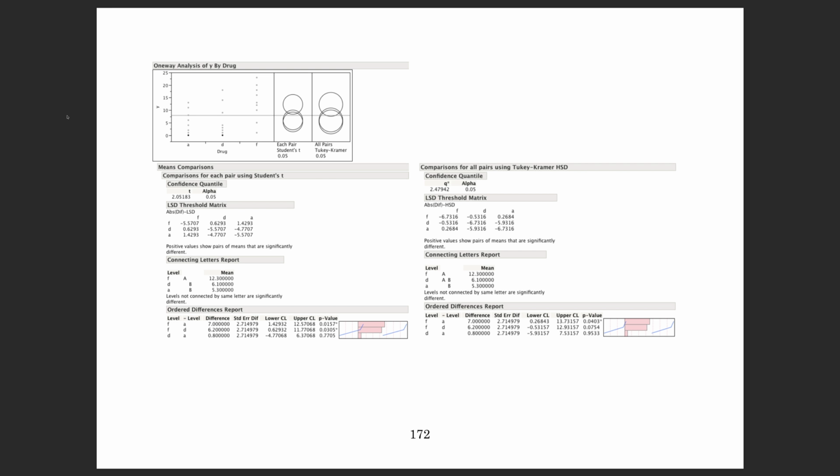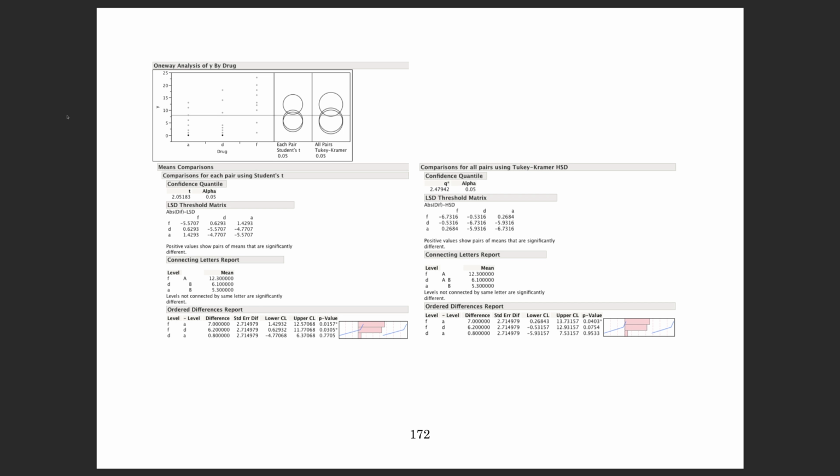If we look at the confidence interval for the difference between the placebo and A, it's saying the difference is 7 with a standard error of 2.7. So you can see the confidence limit goes from 1.4 all the way up to 12. Clearly does not include 0. So that's why we have an observed significance level of 1.6%.